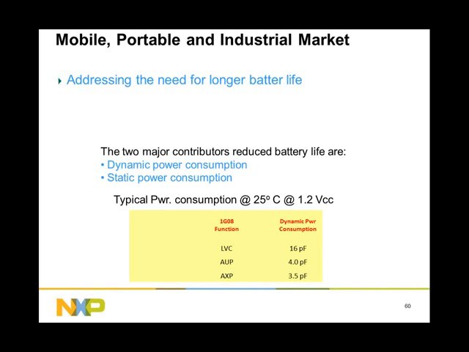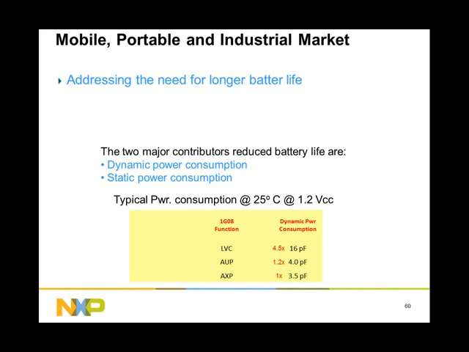AUP is 4 picofarads, and the LVC is 16 picofarads. So if you were to use a device in an application, and let's hypothetically say you would design your whole product with LVC type technology, it would use 4.5 times as much power while working than an AXP device.